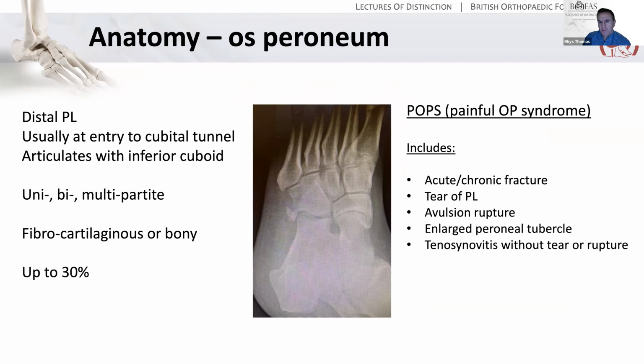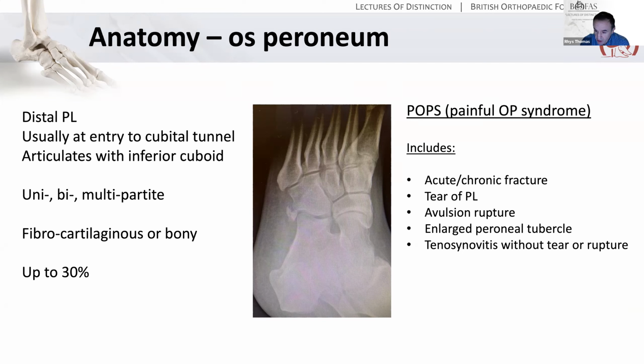You'll hear the term POPS, painful os peroneum syndrome, which not only relates to the os peroneum itself with acute or chronic fracture, but it can also relate to a tear of the peroneus longus in the region of the cuboid tunnel, an avulsion rupture where the peroneus longus avulses from the os peroneum, with the os peroneum retracting proximally.